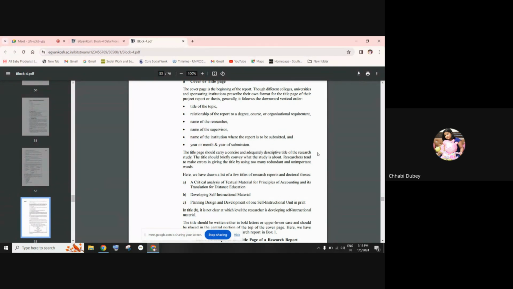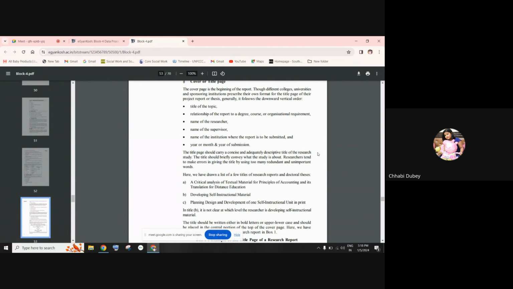The title of the research should be self-explanatory, so that the person who reads the title should be able to understand what this research study is all about and what it intends to study. So having a very clear title which includes all the various aspects under study is very important.